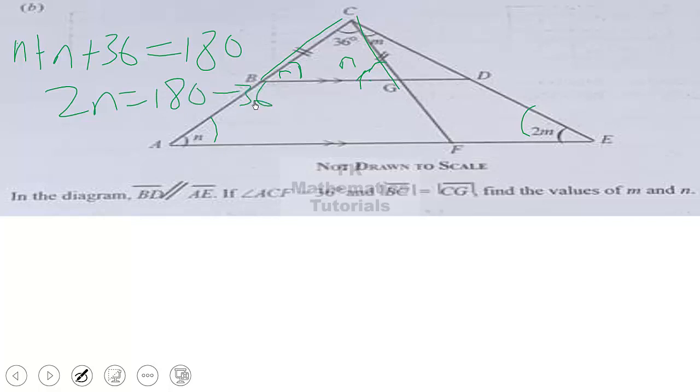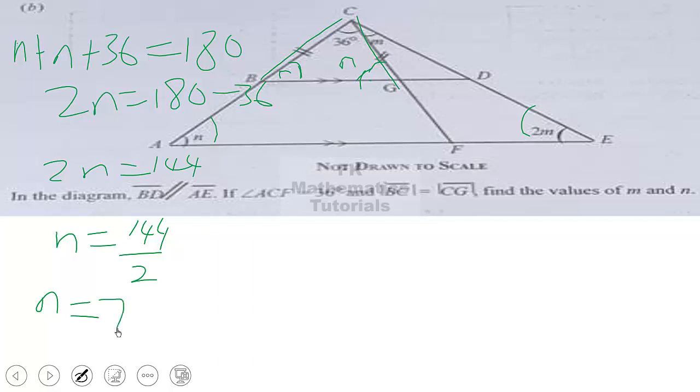So 2n will be equal to 144. So it means n is equal to 144 divided by 2. So n will be equal to 72 degrees.